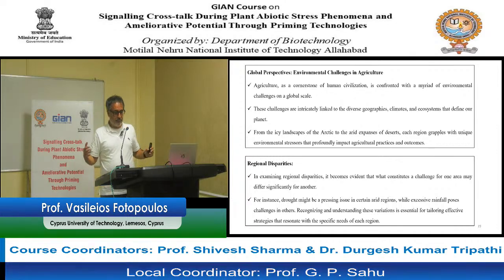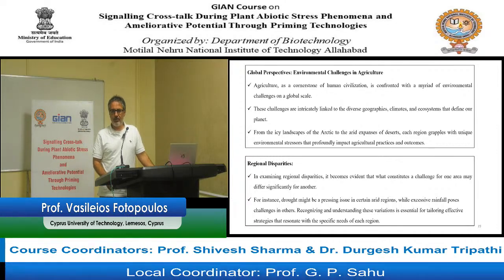So we always have to think big, we always have to think on a global scale. So always we have to consider the potential environmental challenges in agriculture. This is because, of course, it is confronted by many different challenges at the global scale. And, of course, these are linked to the diverse geographies, to the diverse climates, as well as the diverse ecosystems that define Earth.